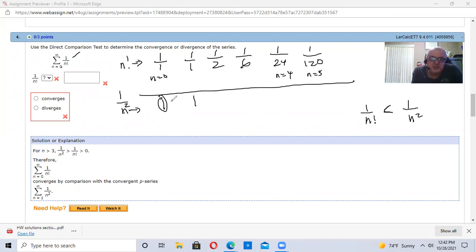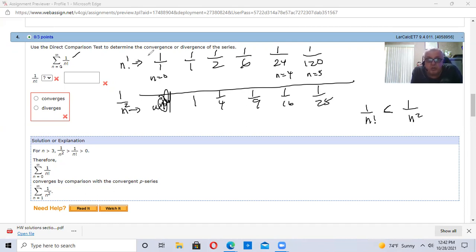If I put 0 in there, I get undefined. If I put 1 in there, I get 1. If I put 2 in there, I get 1/4. If I put 3 in there, I get 1/9. If I put 4 in there, 4 squared is 1 over 16. If I put 5 in there, I get 1 over 25.